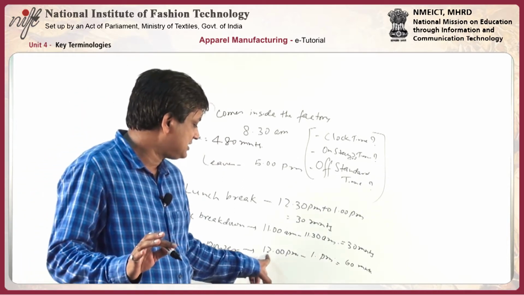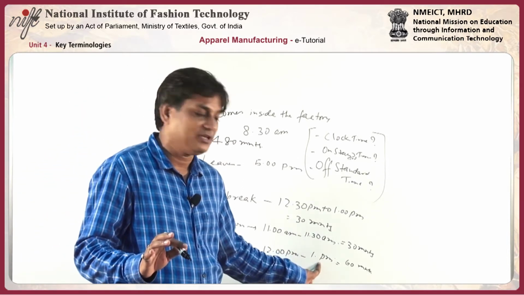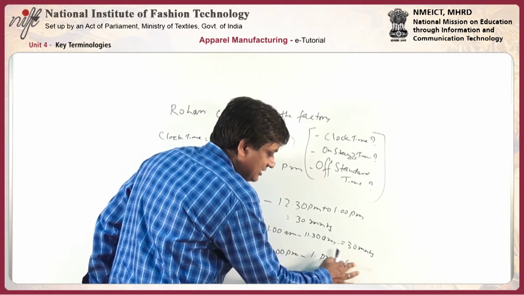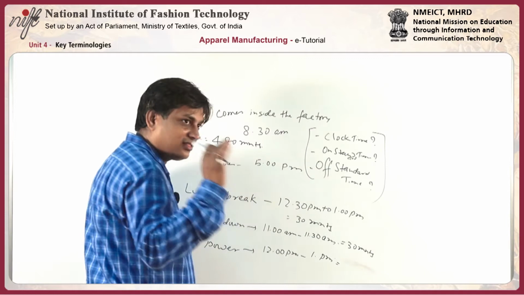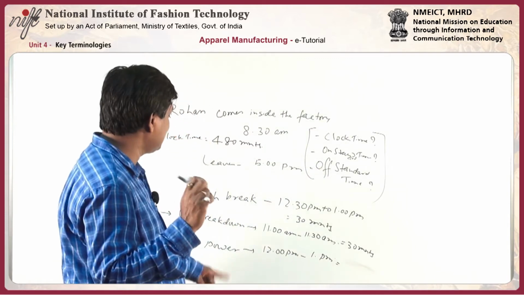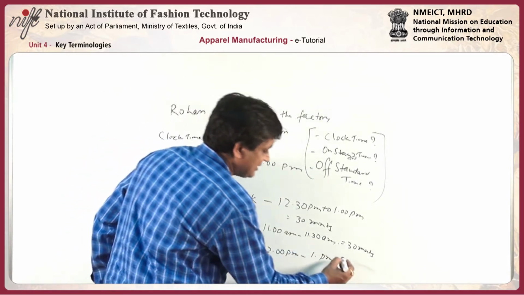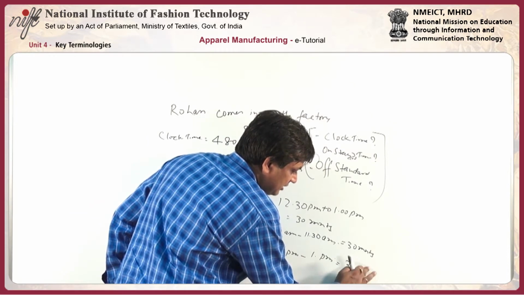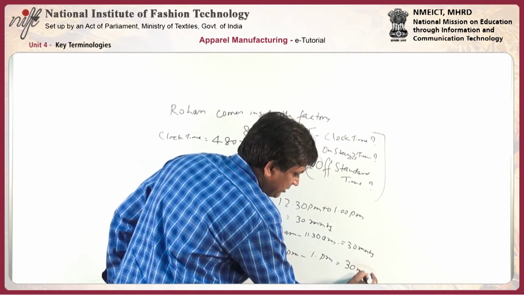The problem is 12 p.m. to 12:30 p.m. So in these 60 minutes, only 30 minutes come under the off standard time due to no power. So 30 minutes will be the time when there is no power.